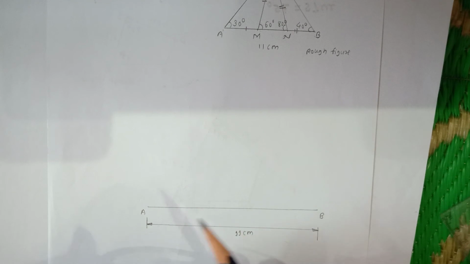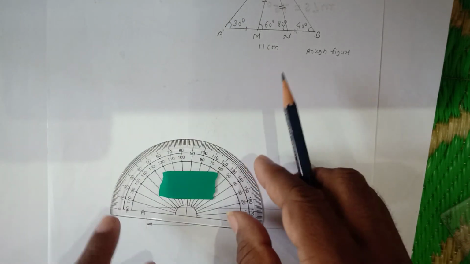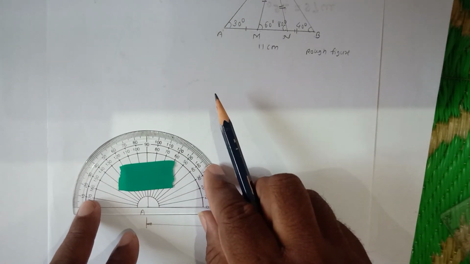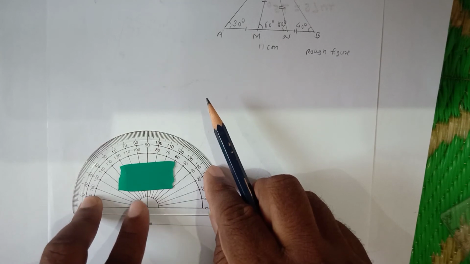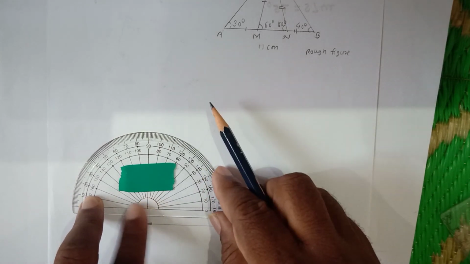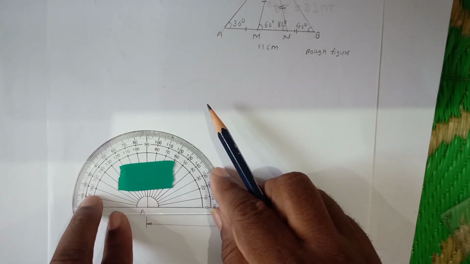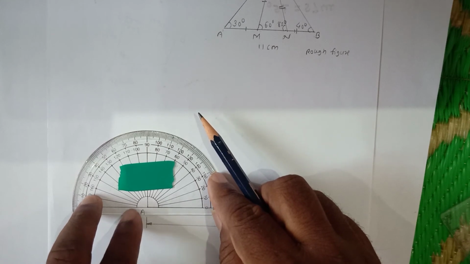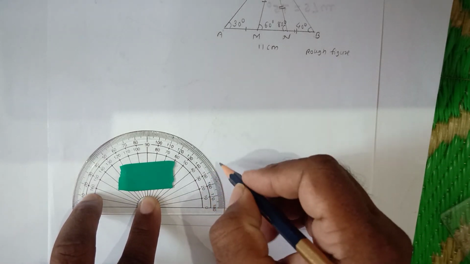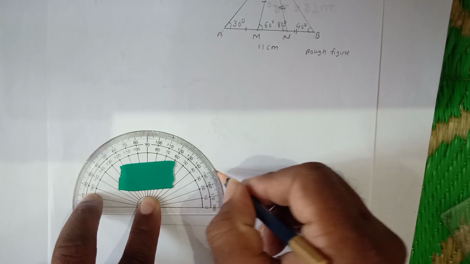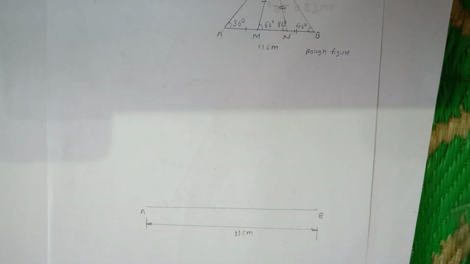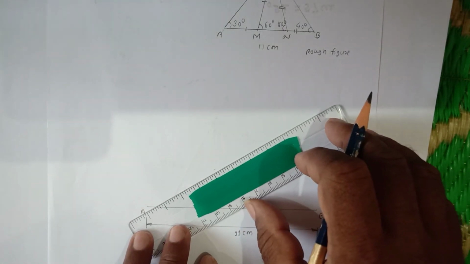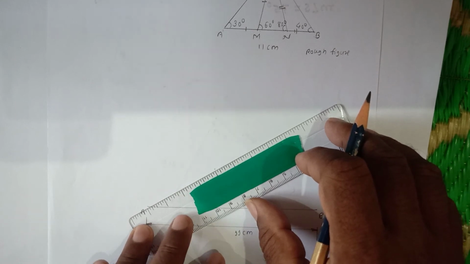Now draw ray making an angle 30 degree at point A. Join these points.